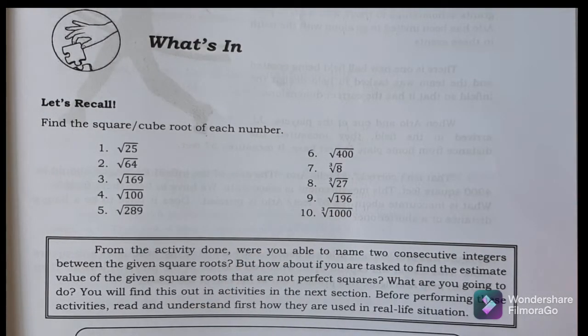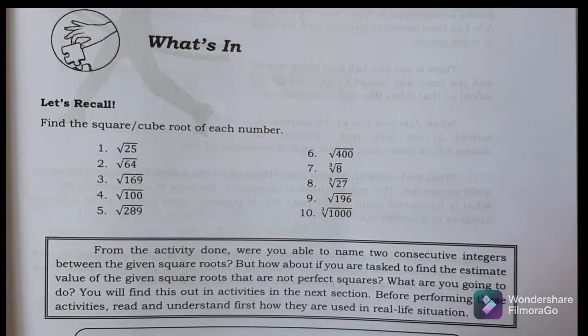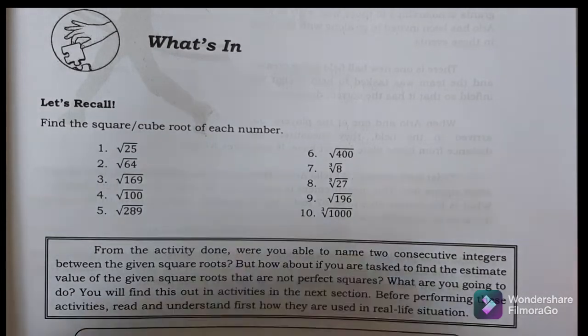From this activity, were you able to name the two consecutive integers between the given square roots? That is the question that you need to answer. Now, how about if you are tasked to find the estimated value of the given square roots that are not perfect squares?